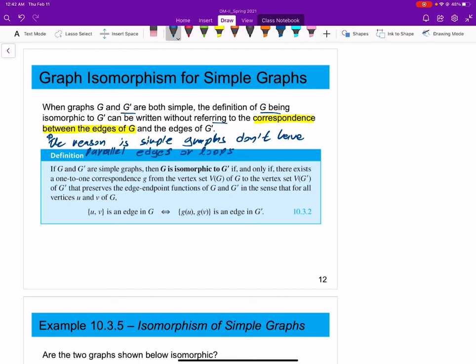Because of that reason, you can just ignore the correspondence between edges. This is the definition. If G and G prime are simple graphs, then G is isomorphic to G prime if and only if there exists a one-to-one correspondence.